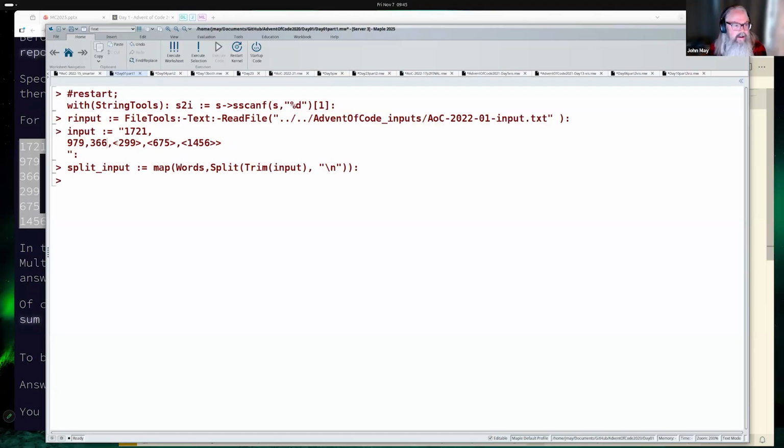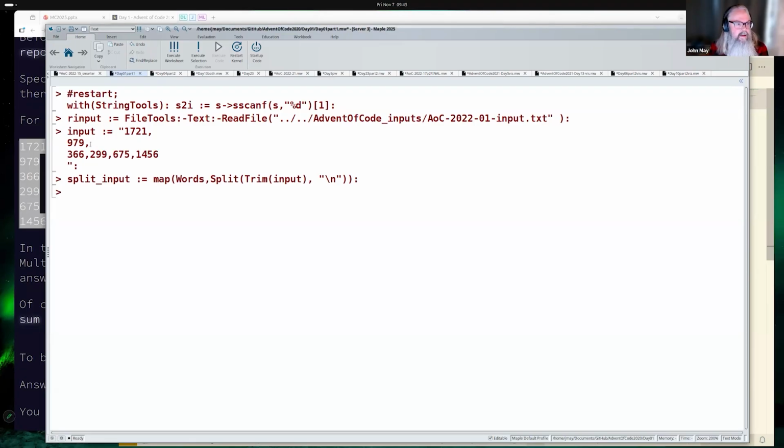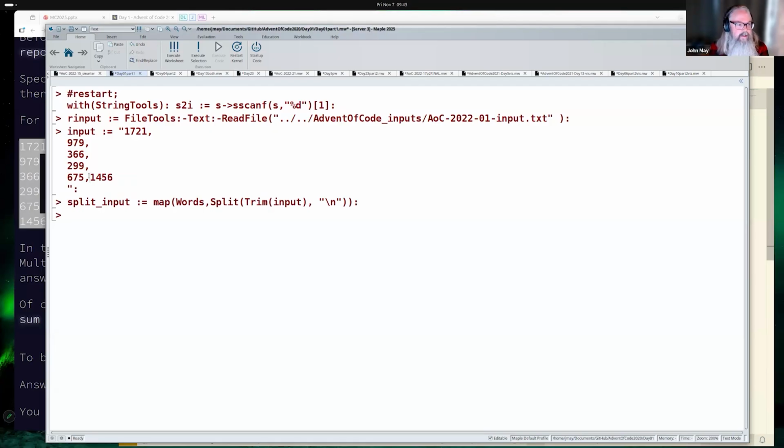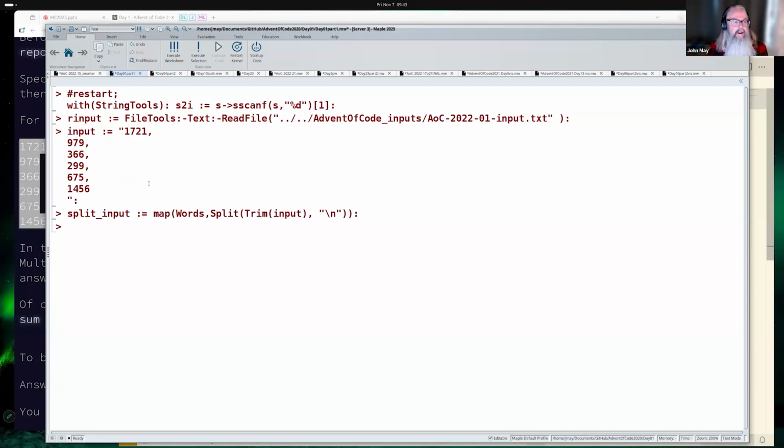It's just not great right now when I'm doing it here. We're doing this live. So actually, if you have Maple on your desk, you can do this too, and you'll probably do it faster than me. So let's see. Okay, now we have this input.